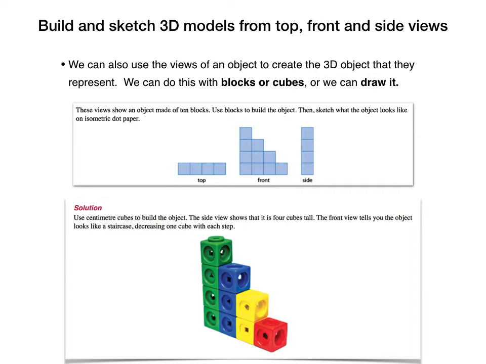So this is what, if we took out 10 blocks, this is what it would look like. You can see the front view is the same. Our top view has got 1, 2, 3, 4 blocks. And our side view has also got 4 blocks, all on top of each other.